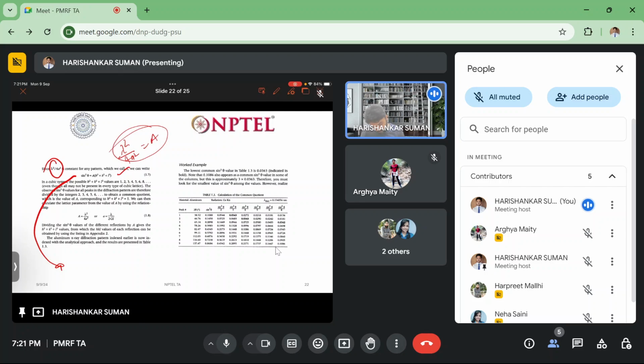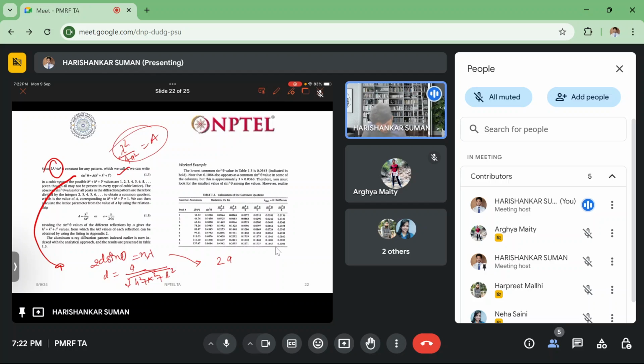It is simple. Let's discuss this. 2d sin theta equals n lambda, and for a cubic system, put the value of d in this equation and rearrange.